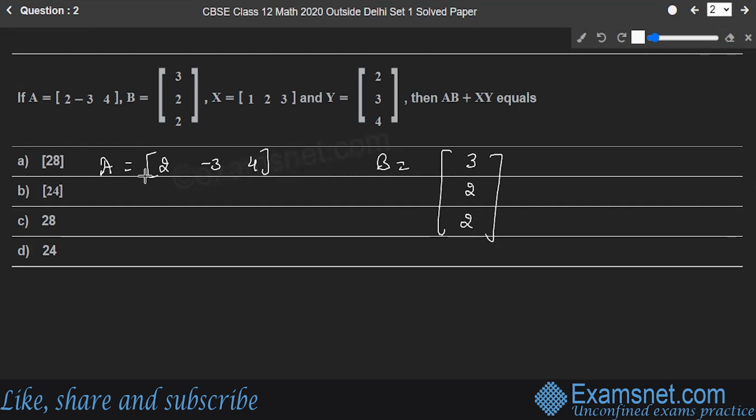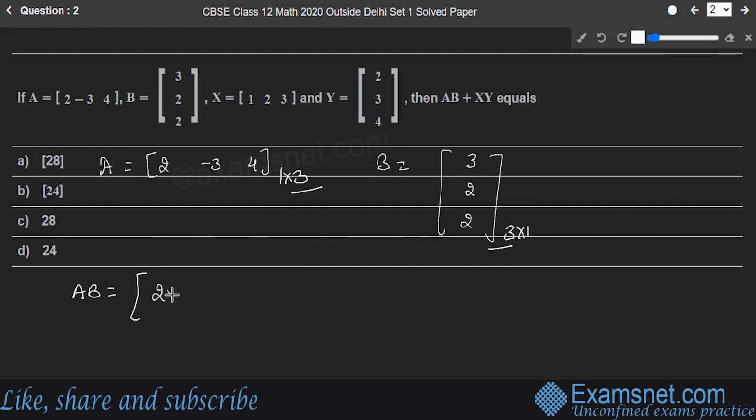If you look at the number of rows and columns, A has 1 row and 3 columns, so the order of this matrix is 1 by 3, and the order of B is 3 rows and 1 column. You know the multiplication rule: the number of columns of the first matrix should be equal to the number of rows of the second matrix. Here it is 3 and here it is 3 as well. That means A into B, the multiplication of the two, is possible.